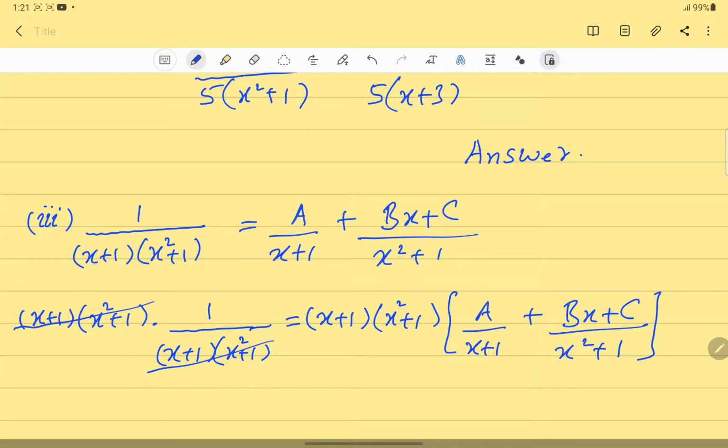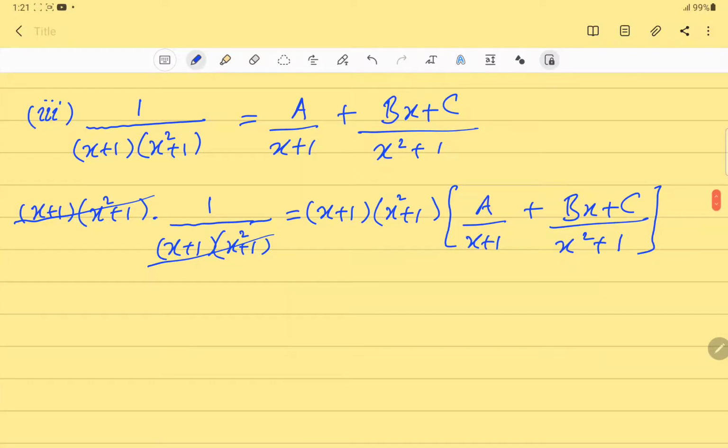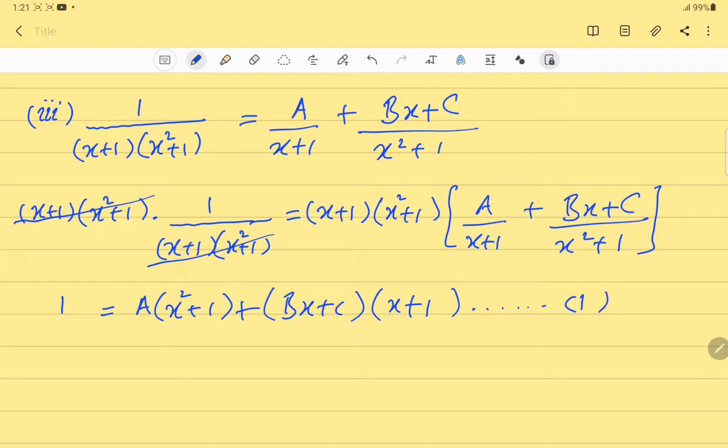This cancels with this and we are left with only 1 equal to, we multiply x plus 1 into x squared plus 1 with both the terms inside the bracket. By doing this we are getting A into x squared plus 1 plus bx plus c into x plus 1.